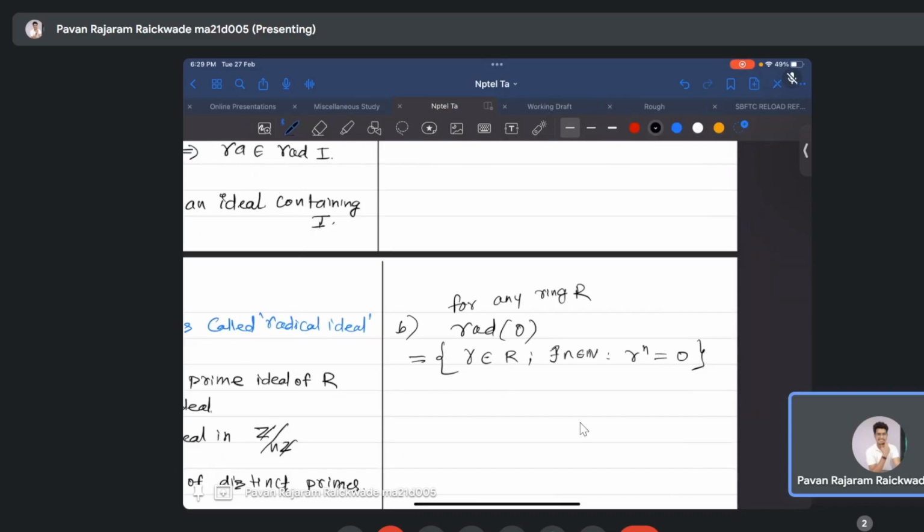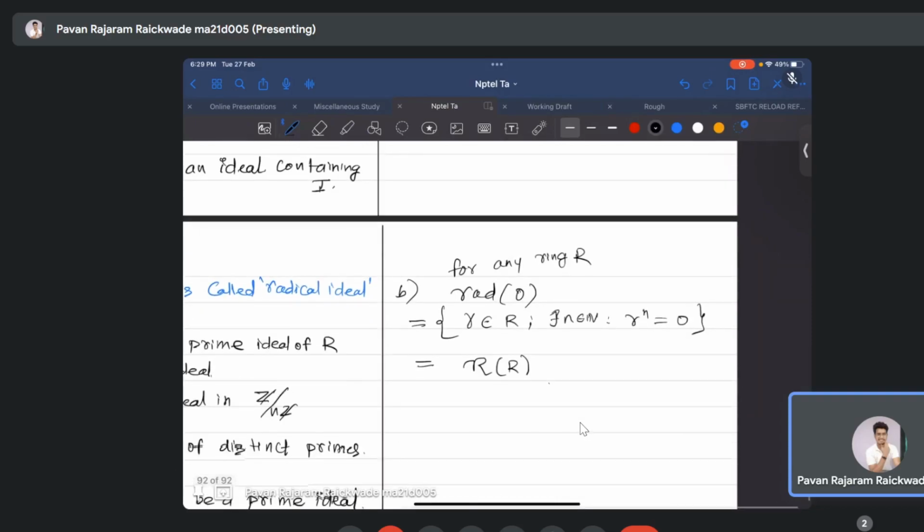If this is happening, then r is called a nilpotent element, right? So this is basically the nil radical of R. So the radical ideal of 0 is the nil radical of R.